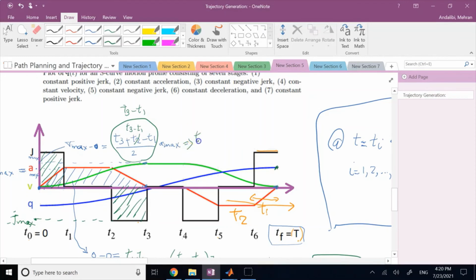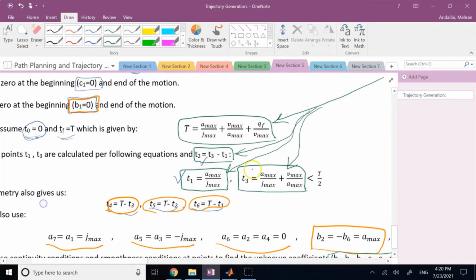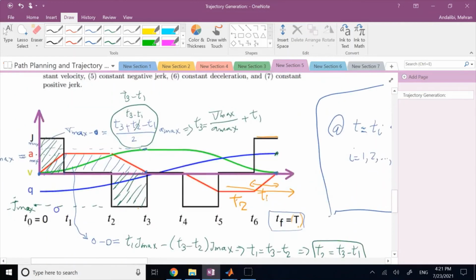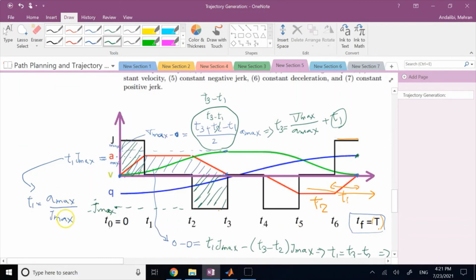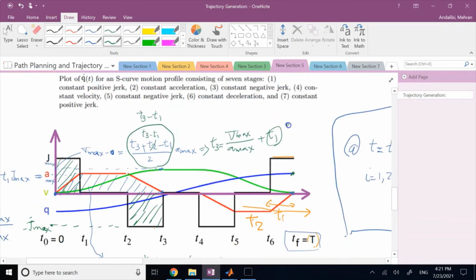Therefore, your T3 is going to be V max divided by A max, plus T1. Take T1 to the other side. And that is this formula here. Well, let's see. I said V max divided by A max plus T1. But T1 itself, if you remember, is A max over J max. So I just replaced it.